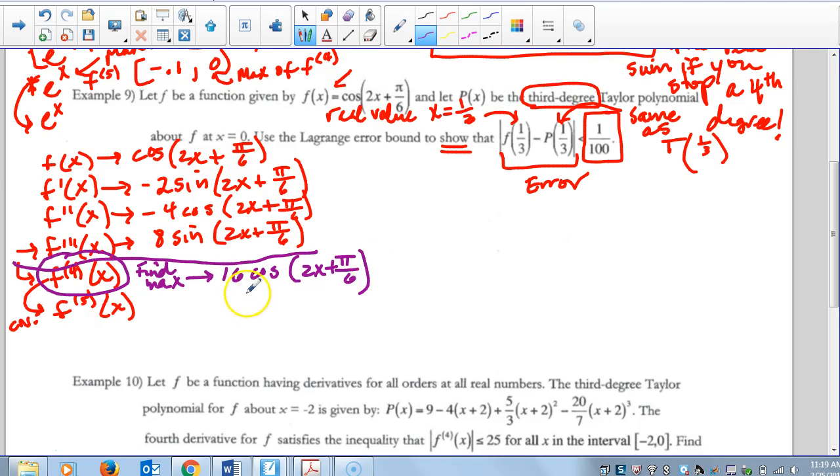But that's what I'm maximizing, so I need to come down here and find critical numbers. So cosine's derivative is negative sine, so this will be negative 32 sine 2x plus pi over 6. Just taking a bunch of derivatives. This I need to find critical numbers.